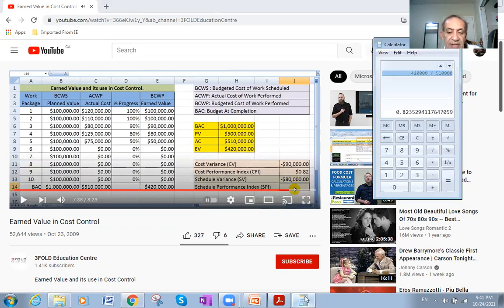Like this, let me do it for you. You are comparing the actual with the norm this time. Previously you said 420 minus 510, and this is the cost variance. 420 minus 500 will give me the SV, or schedule variance.